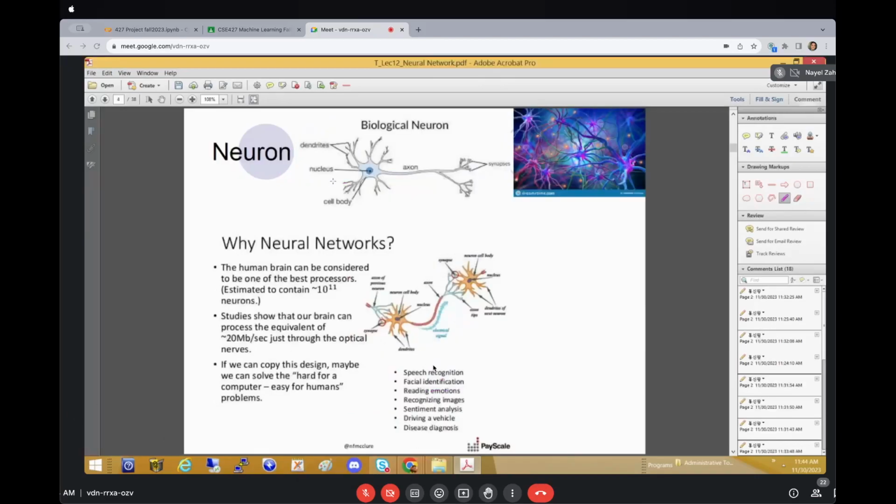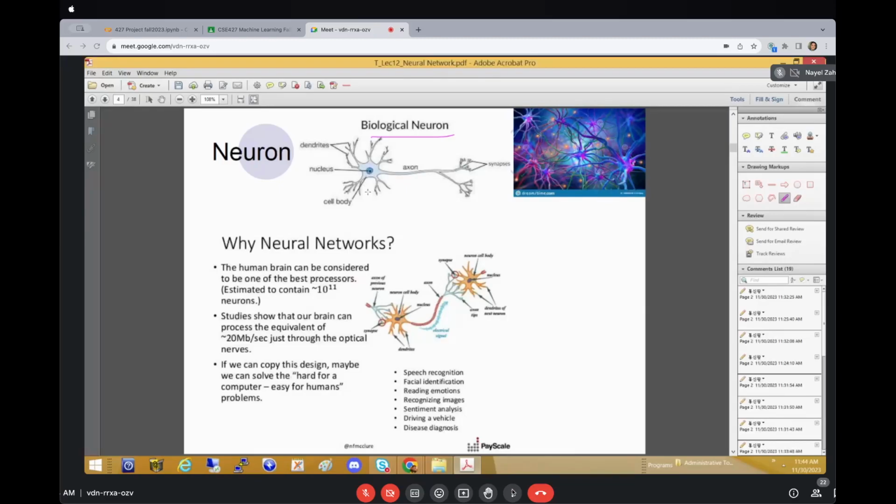Now we need to find out the difference and the similarity between our biological neural network and our artificial neural network. In a biological neural network, we have a cell, and there is a neuron.